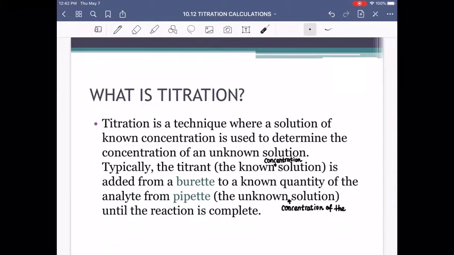Okay, this is a neutralization process. So what is titration? Titration is a technique where a solution of a known concentration is used to determine the concentration of an unknown solution. Typically, the titrant, the known concentration solution, is added from the burette to a known quantity of an analyte from a pipette. This you transfer to your conical flask, which is your unknown concentration solution, until the reaction is complete.